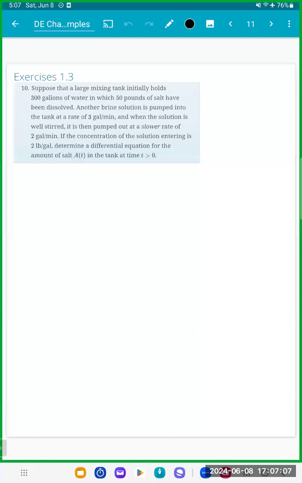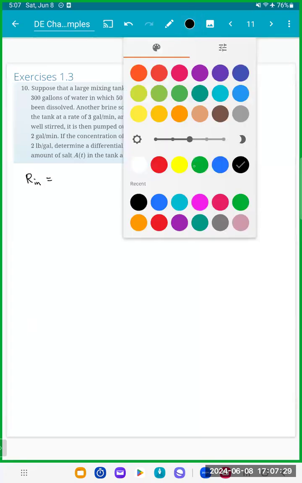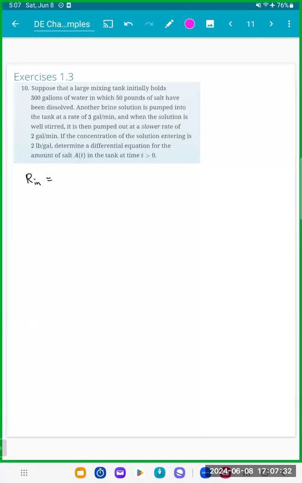Similarly, R sub out, right? The amount that's coming out, that is the concentration of salt in our outflow times our output rate of brine, and that's equal to our output rate of salt. Okay. So our R sub in is equal to the concentration of salt inflow. It's pumped into the tank at a rate of 3 gallons per minute.